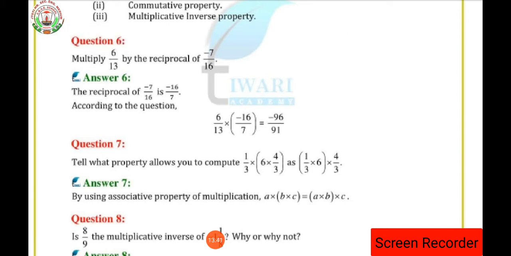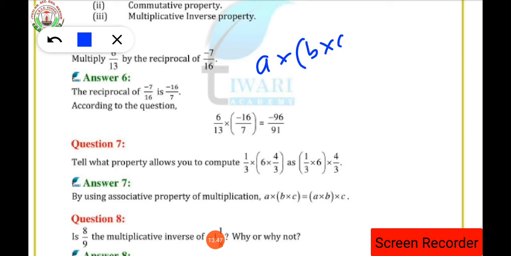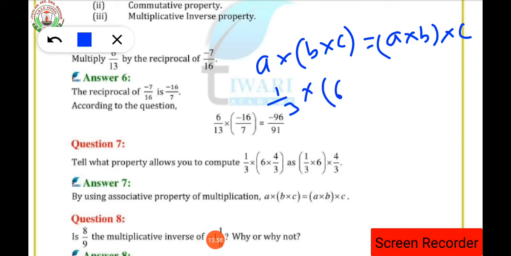Again I will write the formula: A into bracket B into C is equal to A into B into C. So 1 by 3 is in place of A, 6 is in place of B, and 4 by 3 is in place of C.